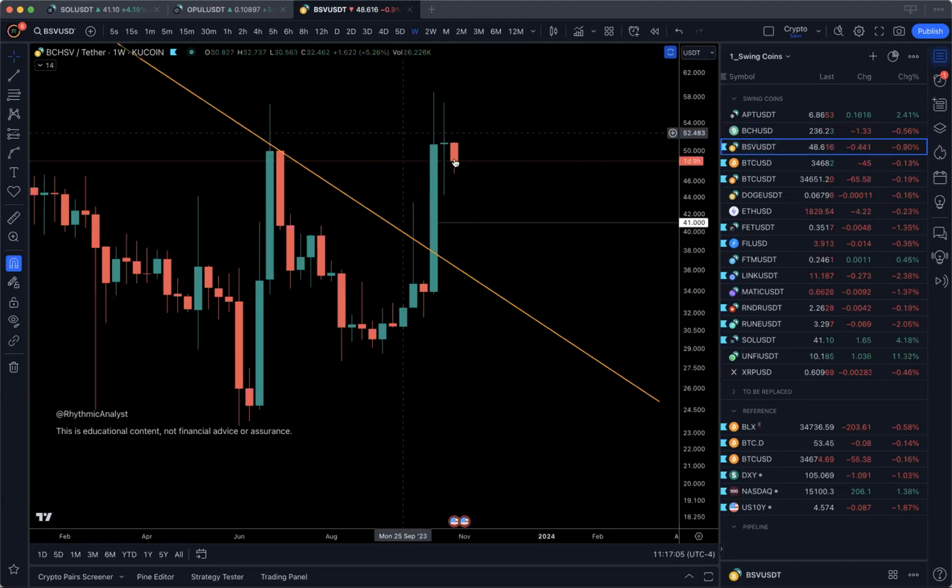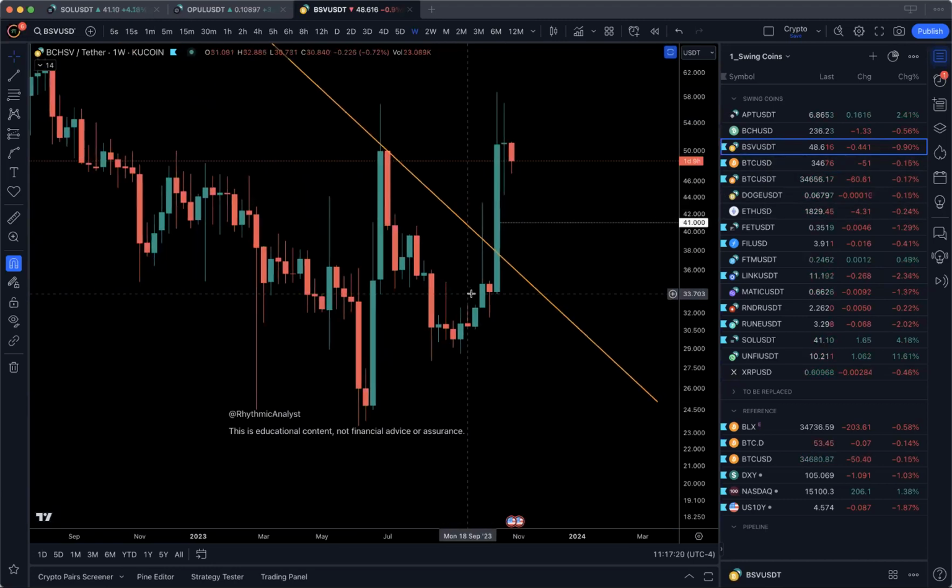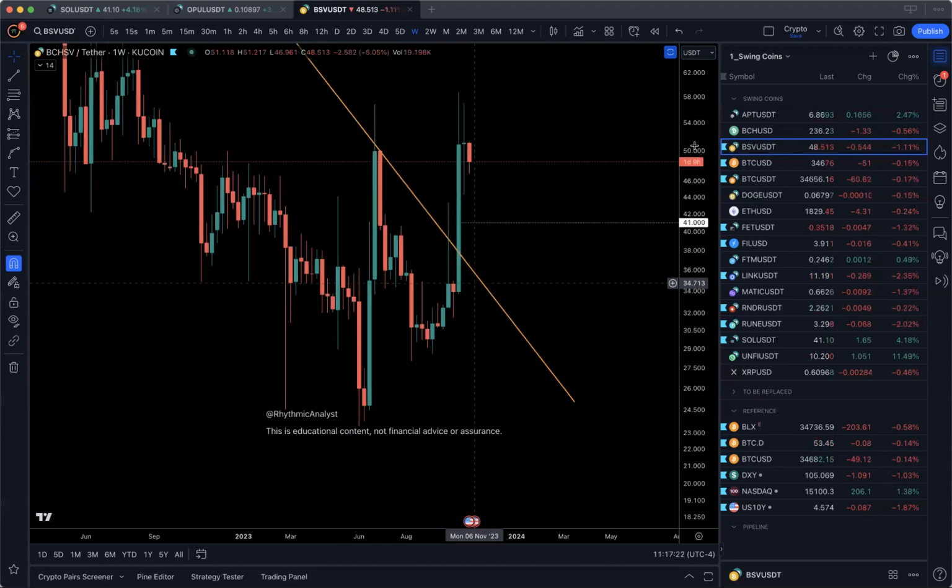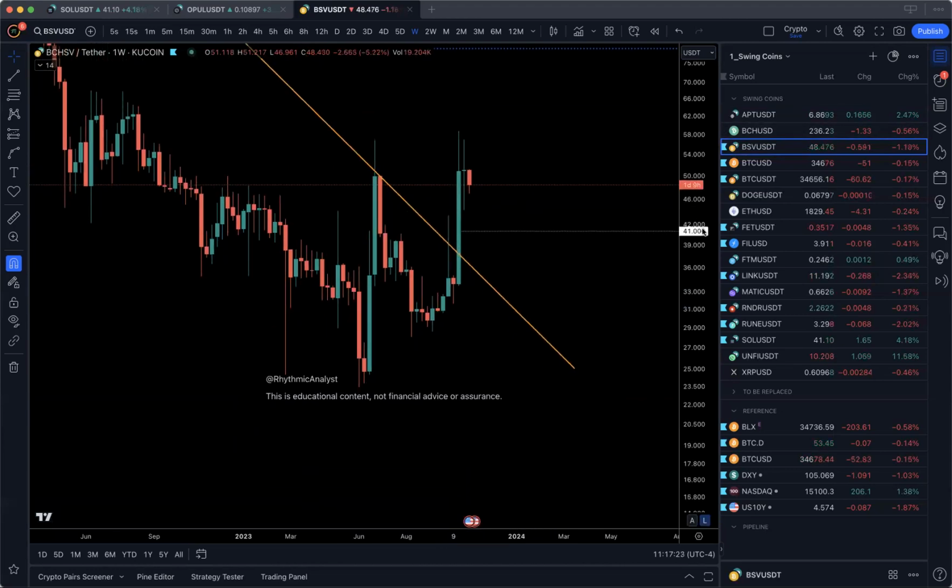BSV is red this week, but slightly down. I mean, nothing major. So this is still very strong. There's no pattern here. If I zoom out, this is a heavy congestion area.